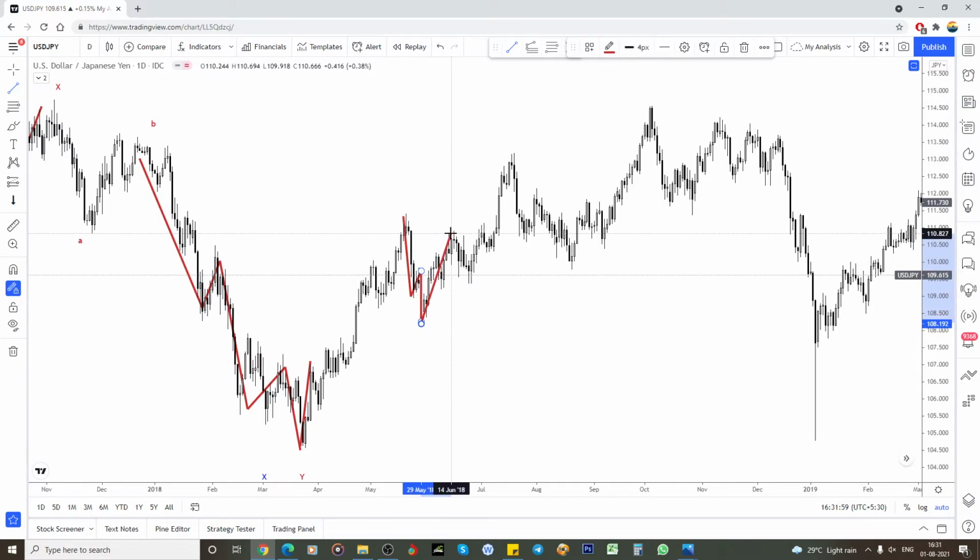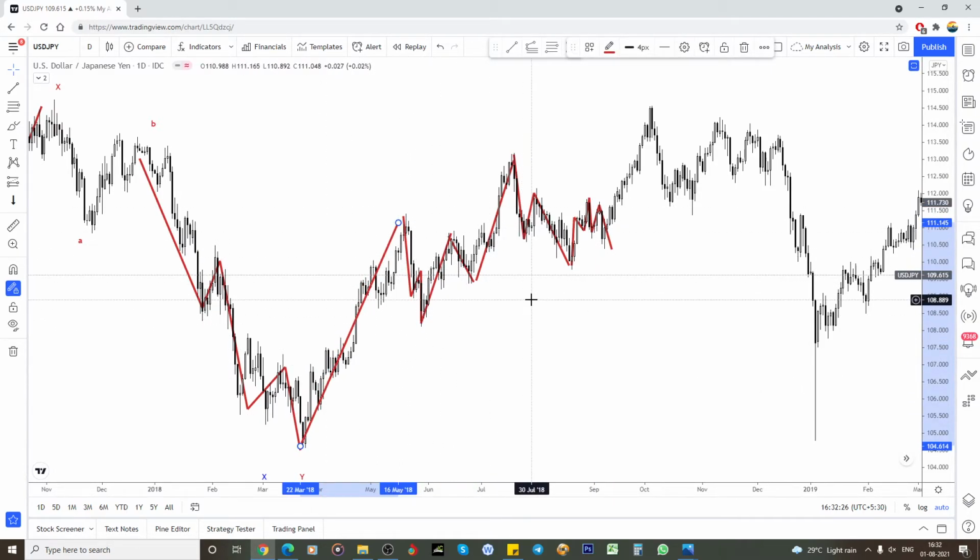So 1A, after that 1B, after that 1, 2, 3, 4, 5. So the C got completed. Again A, B, C. Again here also it's B, C. Again A, B and C. What the hell is it doing here? So now we need a conclusion. This is a 5-way structure.